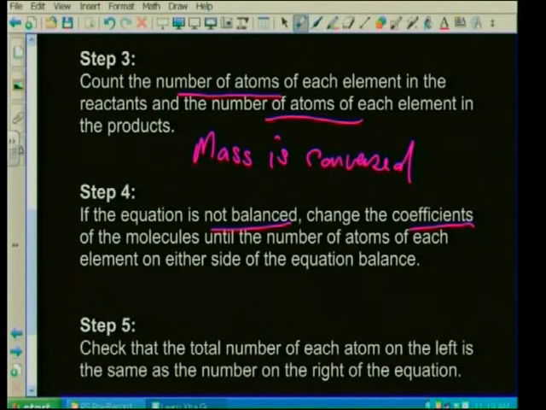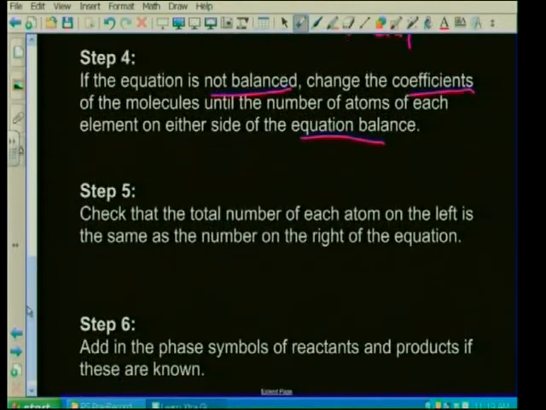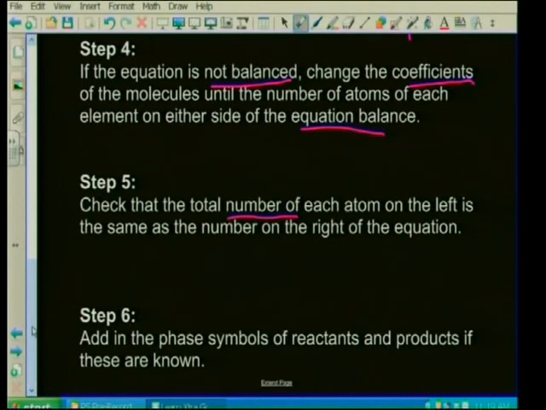The coefficient is the number in front of the molecules until we get the balanced equation, and we'll check that the total of each is the same, and then once we've done that, we must put in the phase indicators if they've been given.